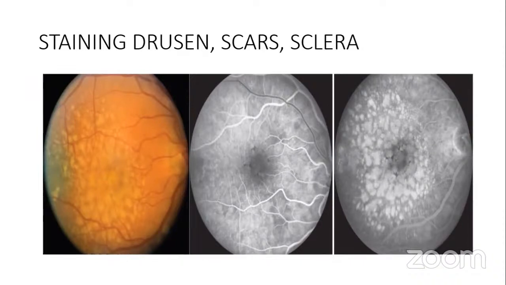Someone asked me to rattle off the phases of the angiogram. This is just simple. The first phase is the choroidal. Some persons will say pre-arterial, but it's the choroidal phase. Then you get to the arterial phase. You transit from the arterial phase to the arterioles and the capillaries.